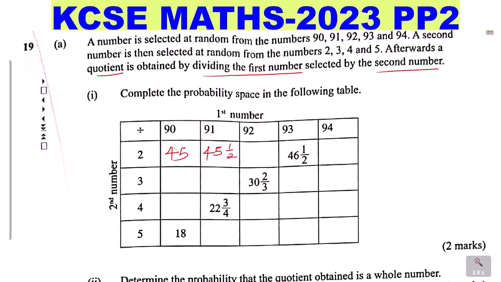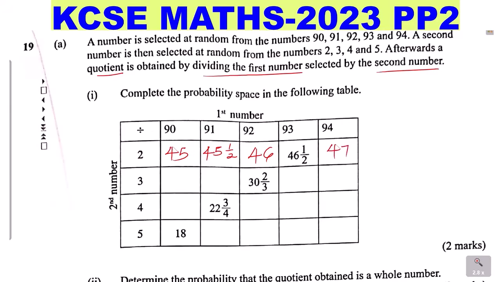Then the next is 92 divided by 2, write the answer here, that will be 46. Then the next is 94 divided by 2, you write the answer here, it will be 47.